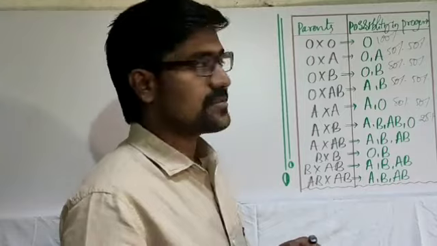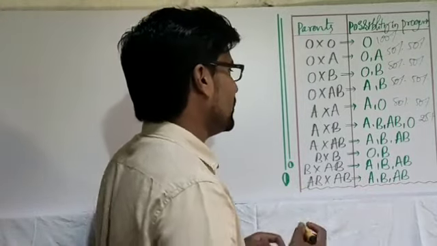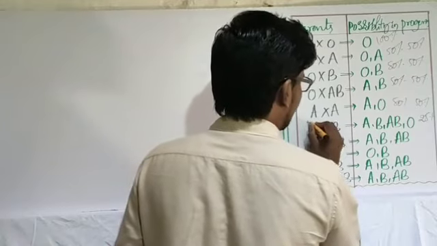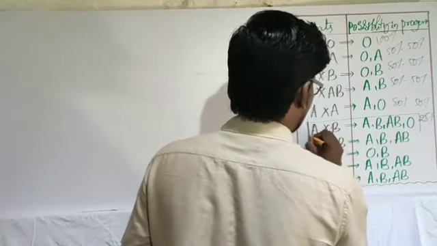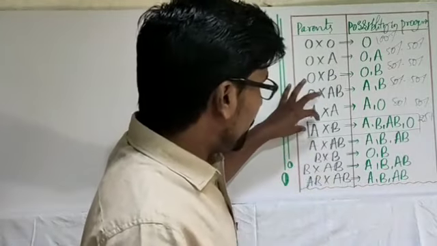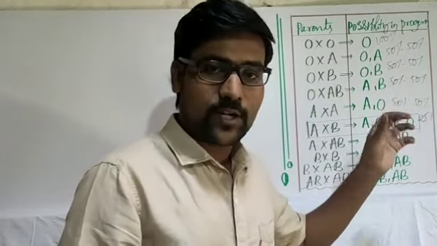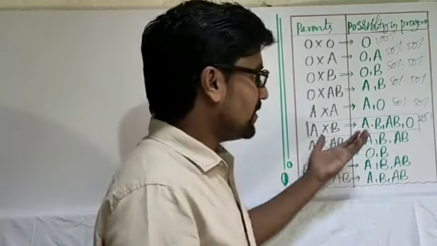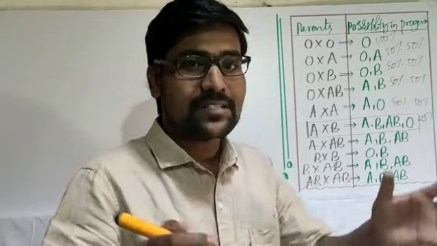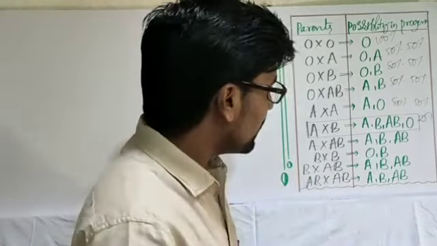Here are some special mentions if you want to look upon. See here, when one parent is heterozygous A and one is heterozygous B, then we can get all 4 types of blood group possibilities. So that means the diversity is more there.